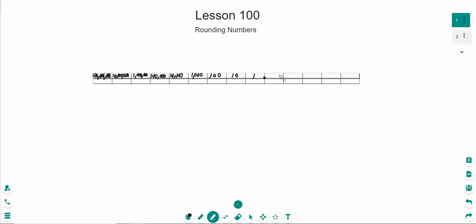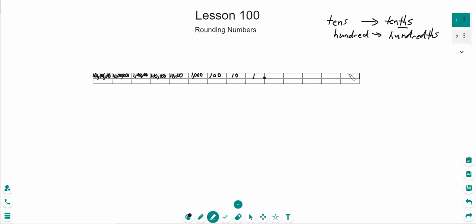So the interesting thing here is there is no ones house. So recall, whenever we move into the right side of the decimal, everything kind of ends with a th. Instead of having the tens house, it turns into the tenths house with a th at the end, right? Hundreds house, well, that becomes the hundredths house.